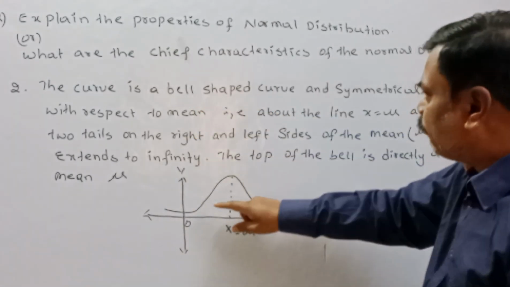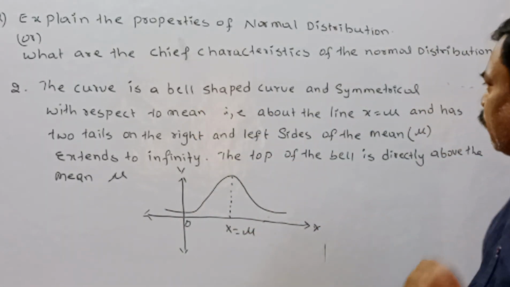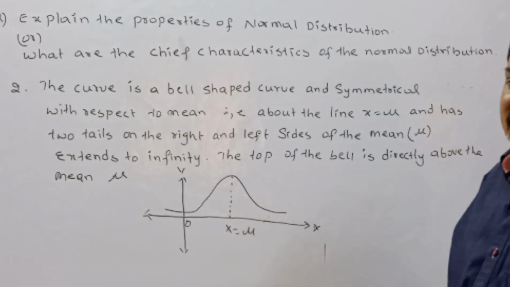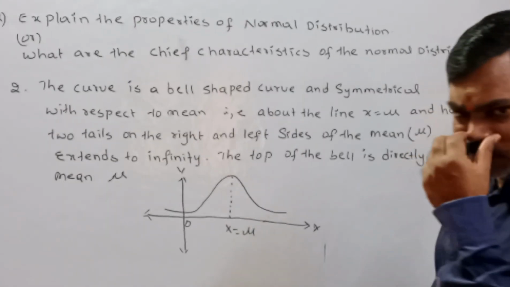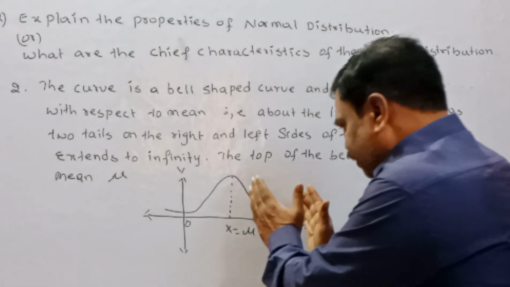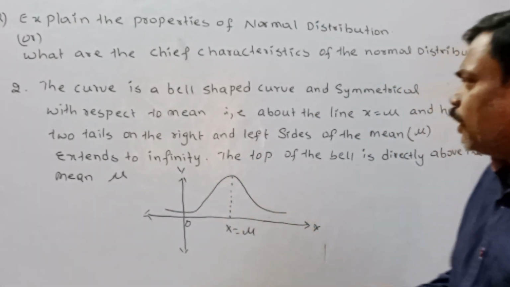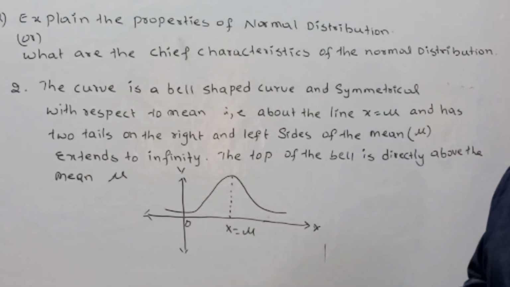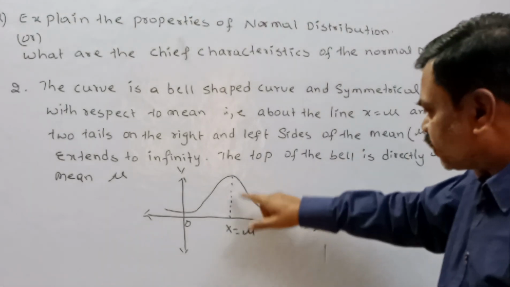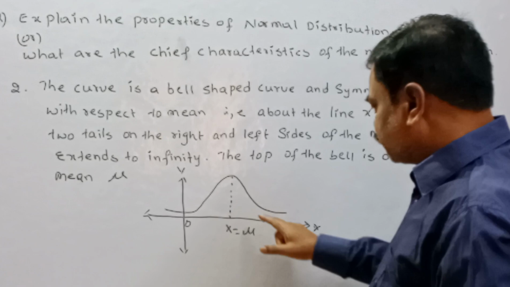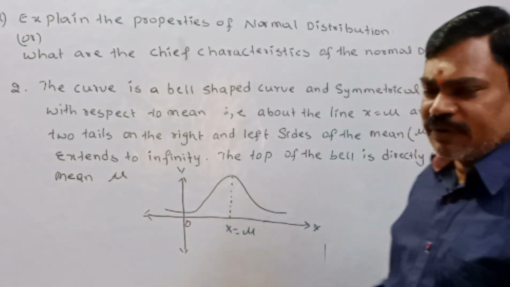The curve is a bell-shaped curve and symmetrical with respect to the mean mu. Symmetrical means this side is the same as this side. This is the mean, and it has two tails. This is one tail and this is one tail.